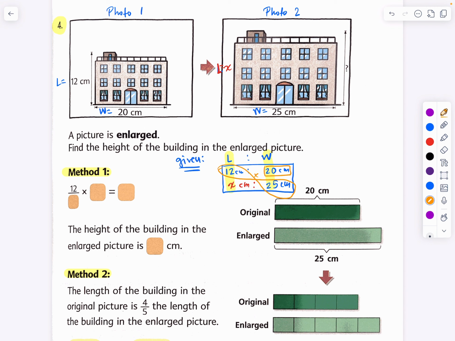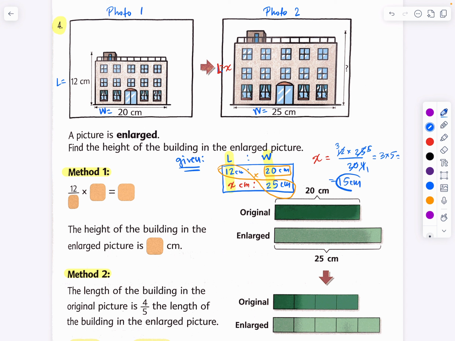So x equals 12 times 25 divided by 20. We can reduce everything by 5 at first, and it becomes 5 to 4, and then we can reduce again, becoming 3 to 1. Therefore we're left with 3 times 5 equals 15 centimeters.